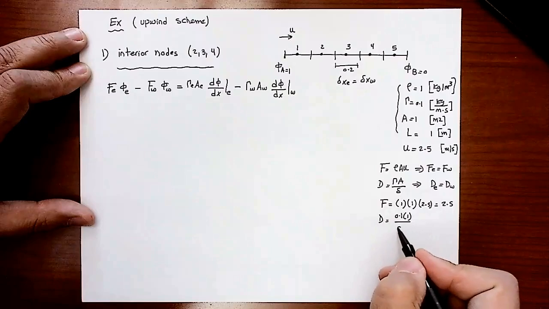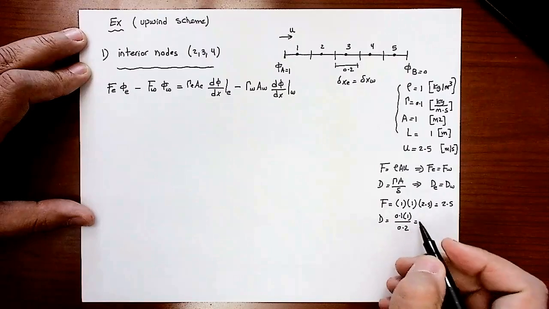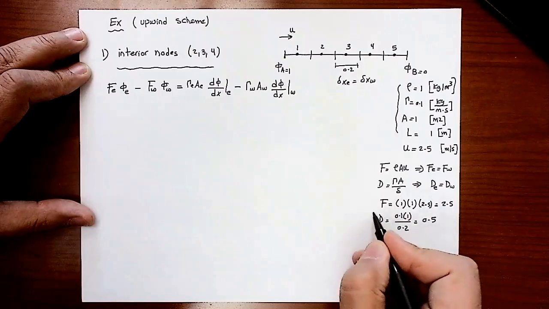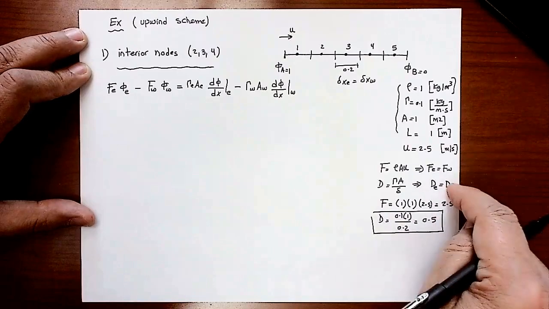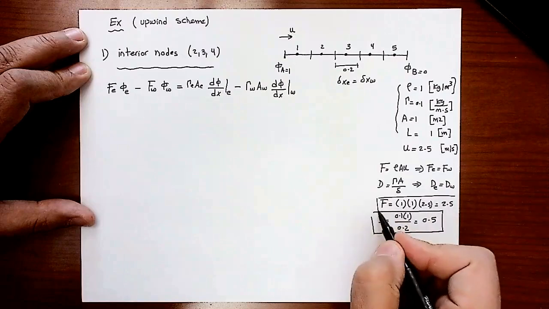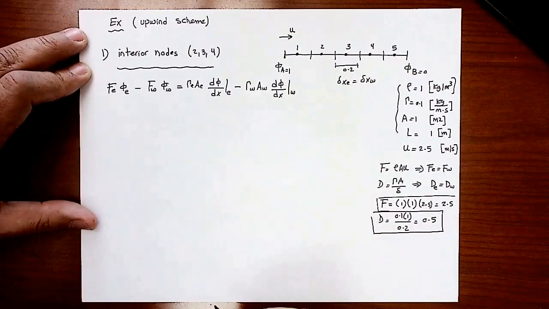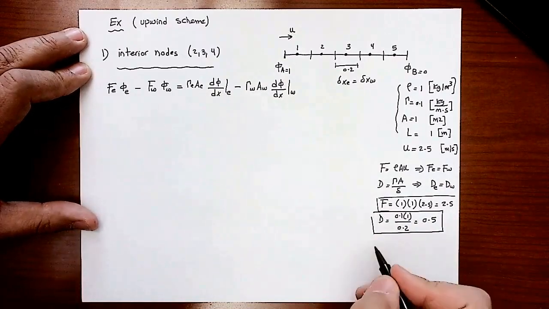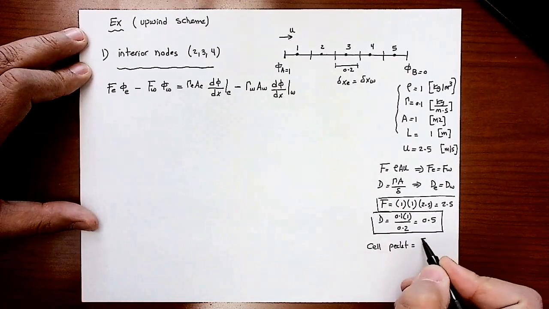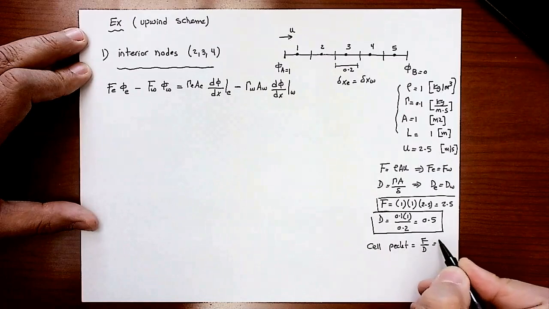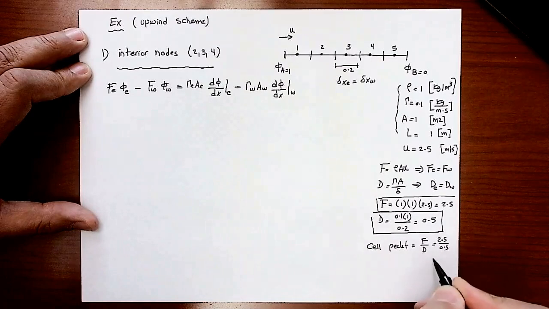So delta is going to be 0.2. So this would actually be 0.5. So D is 0.5. You call it D, D east, or D west, it is the same. And F is equal to 2.5. If you want to calculate the cell Peclet number, it is F over D. So it's going to be 2.5 over 0.5, and this is equal to 5.